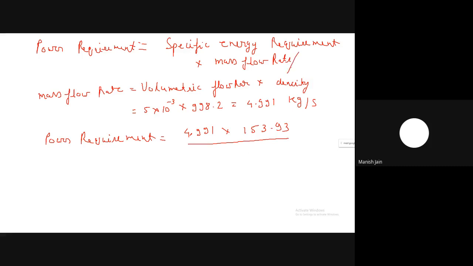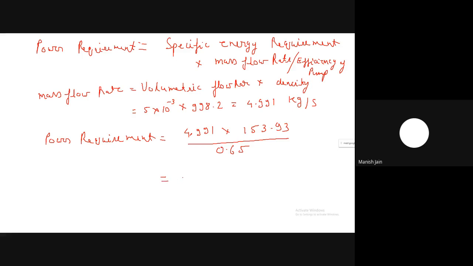Here you have to divide by the efficiency of the pump, that is 65%, meaning 0.65. Okay, so you will get the actual power requirement.